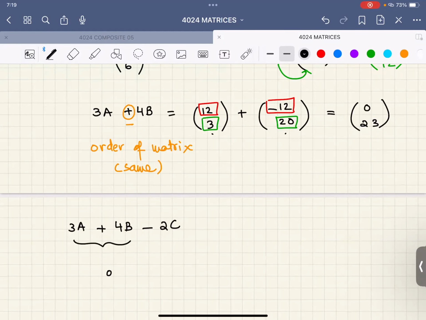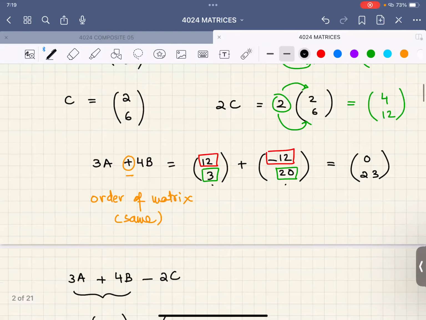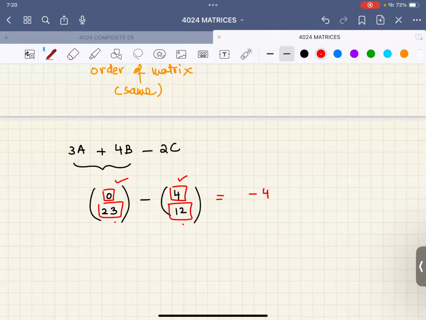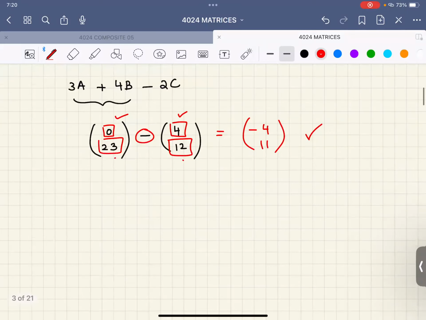Subtracting 2C from it, 2C is 4, 12. So therefore, again, the corresponding terms, so 0 and negative 4 adds up to negative 4. 23 and 12 adds up to, with a negative sign in between, that comes out to be 11. So -4, 11 is the answer.